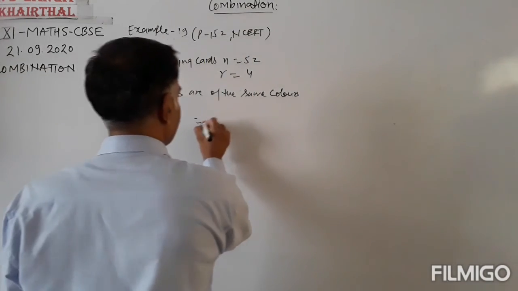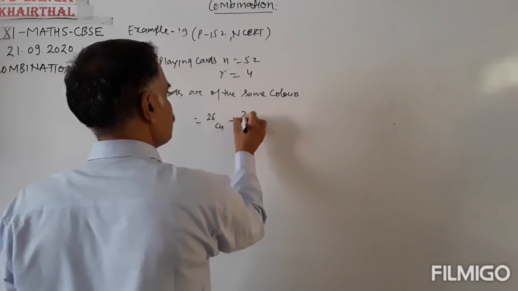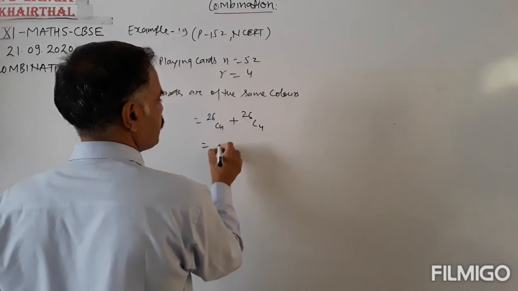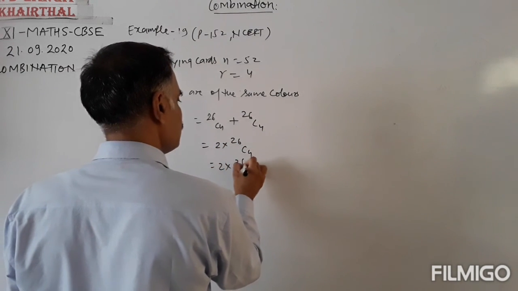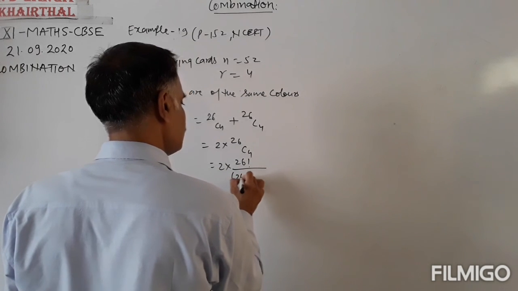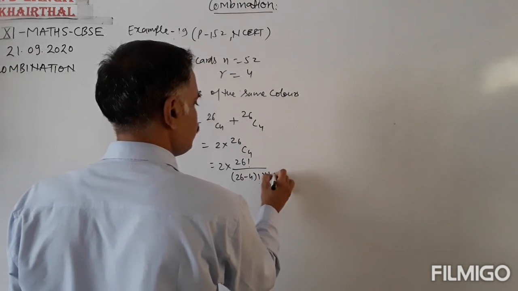Then we have 26C4 plus 26C4, equals 2 into 26C4, equals 2 into 26 factorial upon (26 minus 4) factorial into 4 factorial.